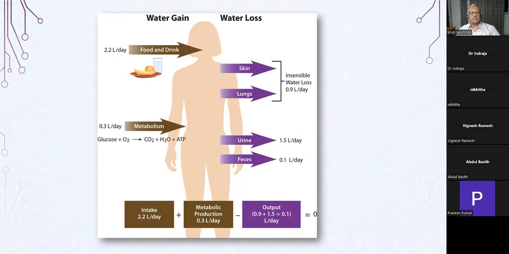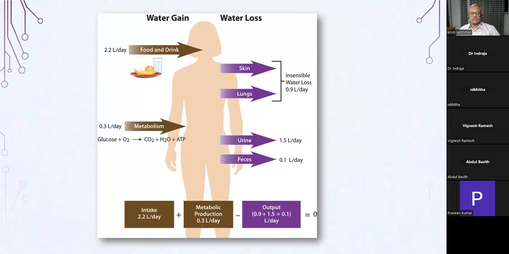And the metabolism generates around 0.3 liters of fluid per day. There is loss through the skin due to regulation of temperature, and through the lungs due to humidification of the air we take in. And we excrete around 1.5 liters of urine and 0.1 liter of fluid in the feces.